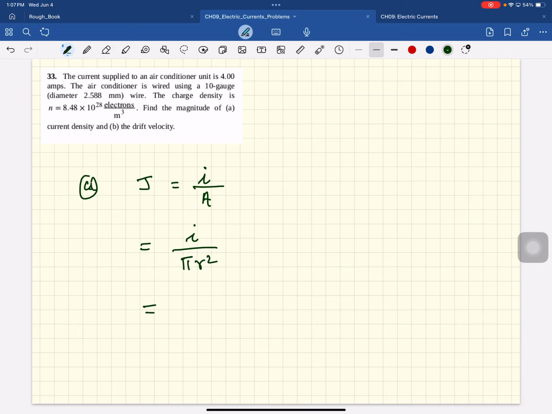Okay, R is the radius of the wire. And the radius is 1.294 millimeters. Okay, half of that is the radius.